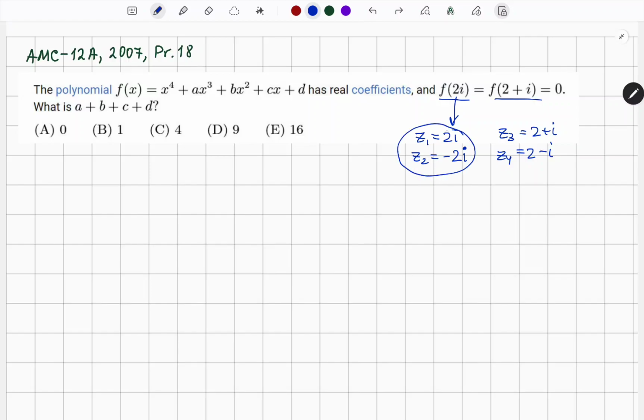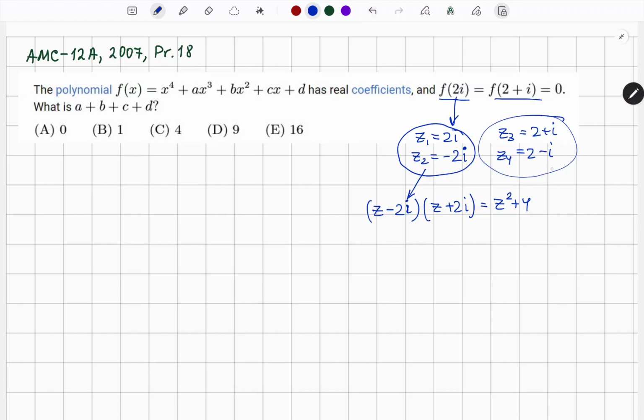Having these roots, we can write down the factors that correspond to them: z minus 2i, z plus 2i. Open the brackets, it's z squared plus 4. So this is a quadratic factor that corresponds to these two roots.